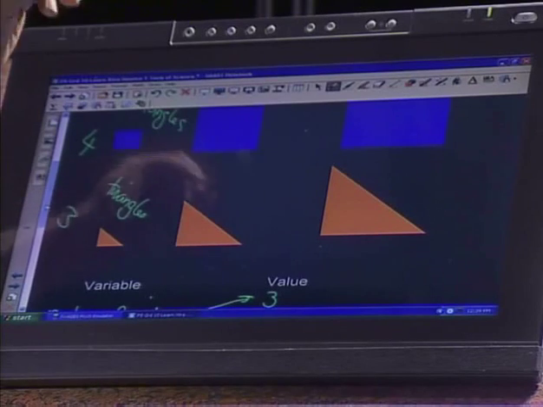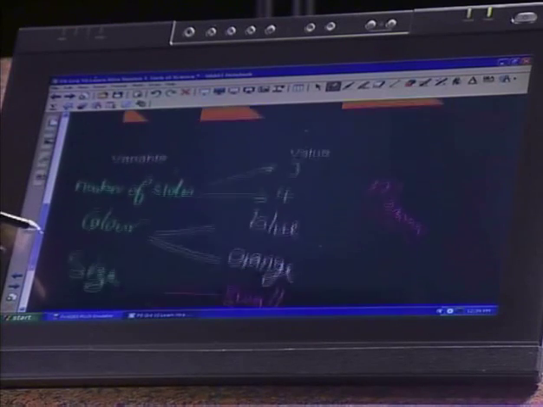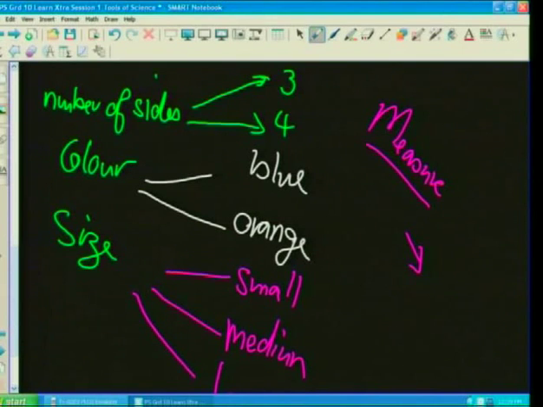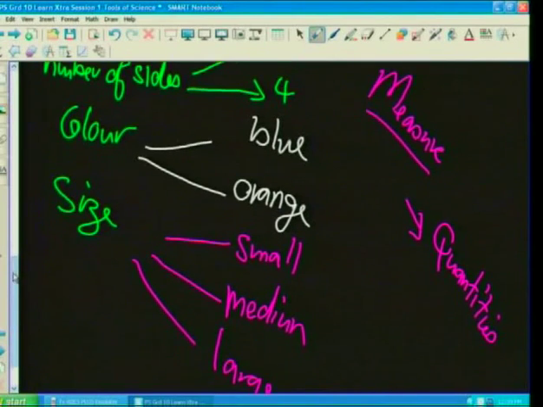But that would require some calculation. So when we do measurement, what we need to recognize is then we're dealing with quantities. These are qualities more. They're not really related to measurements.